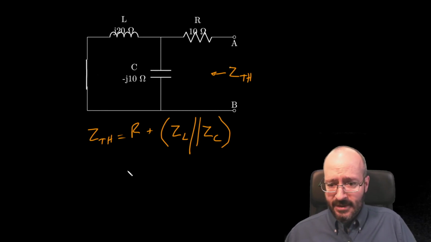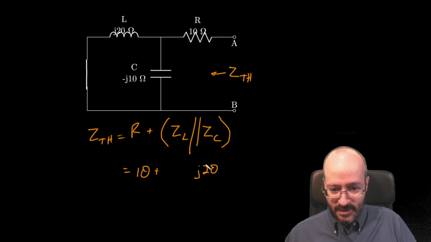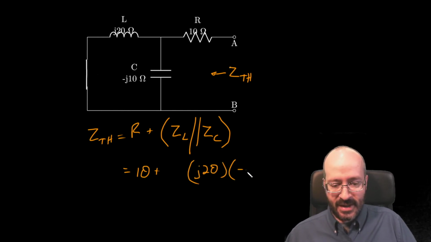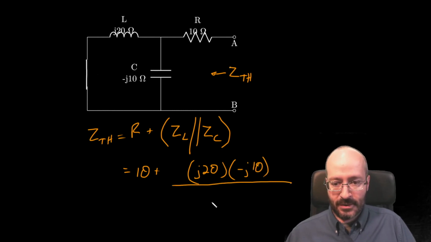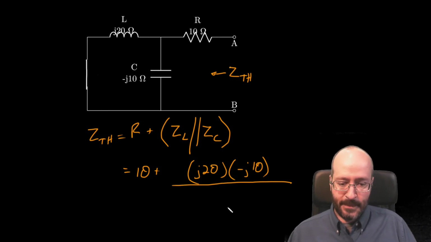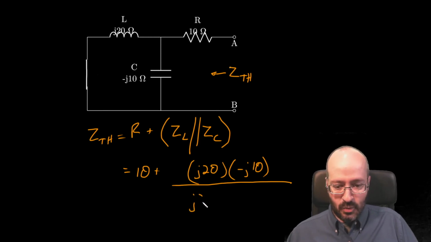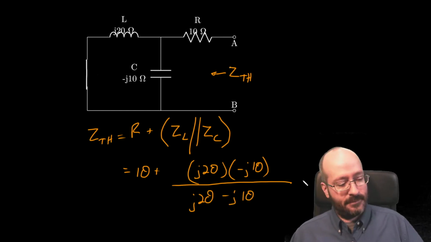So we get (10 + j20). I'm going to throw some parentheses around here. Again, another habit: if I have a complex number, my habit is to throw parentheses around it, especially in rectangular, because you get into problems with distribution. And we have (j20 + (-j10)).